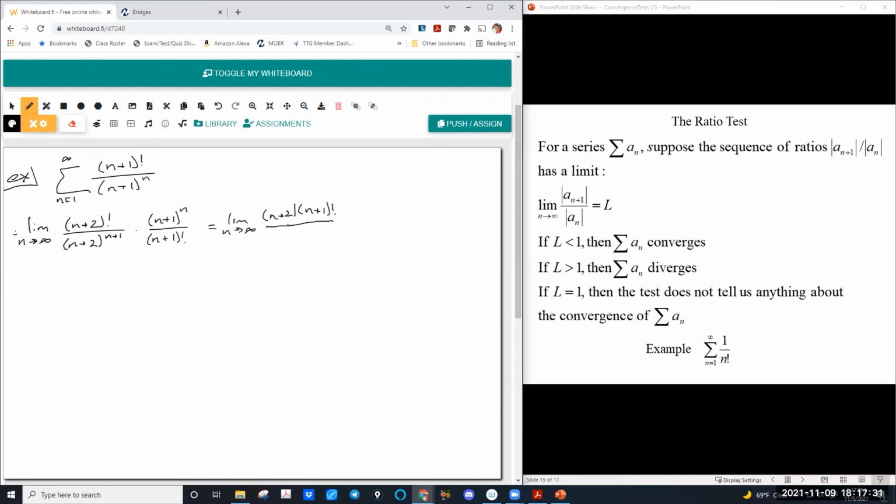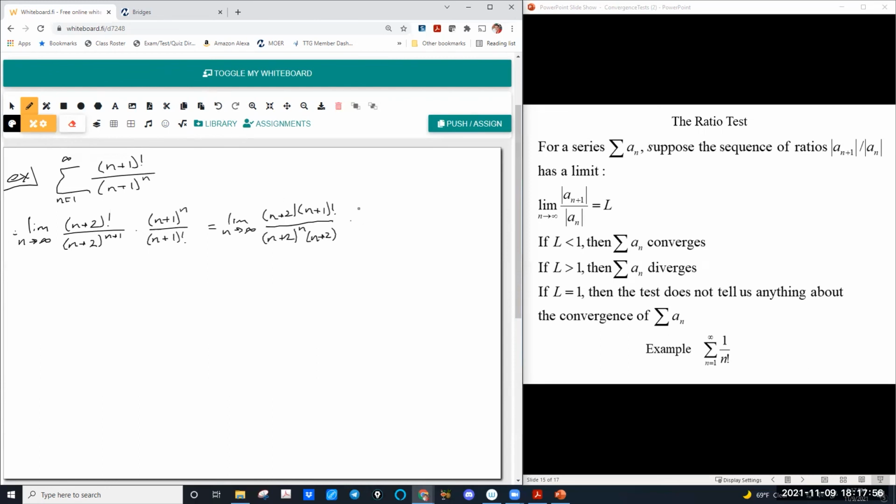This guy, n plus 2 to the n plus 1, I'm going to do something similar to what we did before. That can be rewritten as n plus 2 to the n times n plus 2. That's the same thing that I did with 2 to the n plus 1 in the last one. The exponents add.